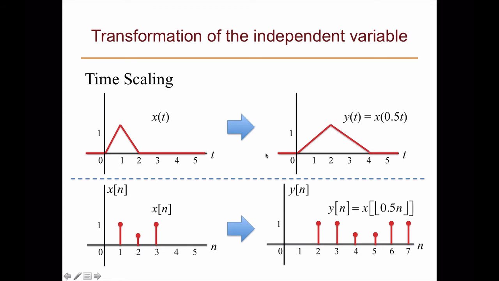So it is the lengthened version of xt when you multiply with a constant that is less than 1. The same thing goes for the DT signal, but instead of having the lengthened version, you get a kind of repeated values, or the upsampling version of that signal.